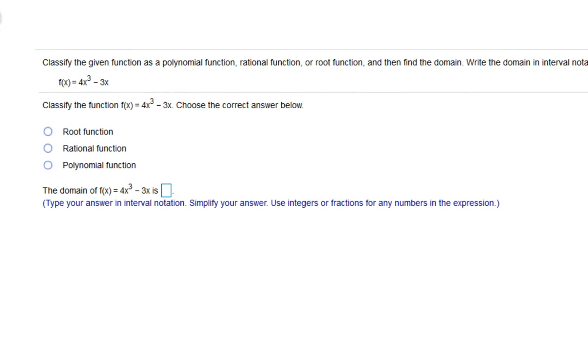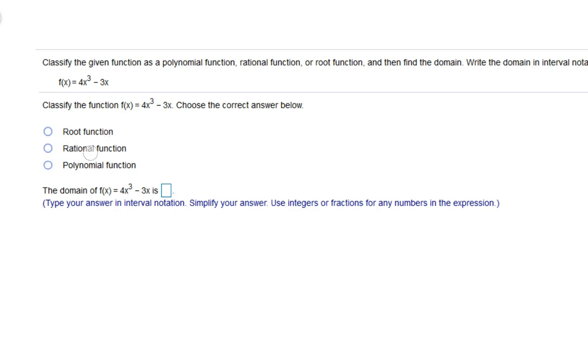We want to decide whether this function is a root function, a rational function, or a polynomial function. So let's go through each category just briefly. A root function, or sometimes called a radical function, will have a radical in the equation. So it'll have like a square root or a cube root.